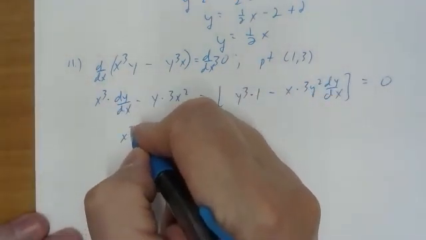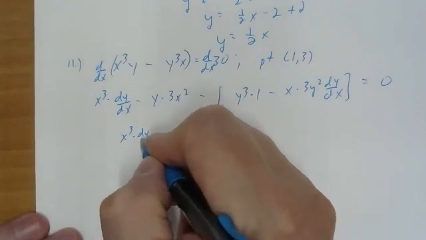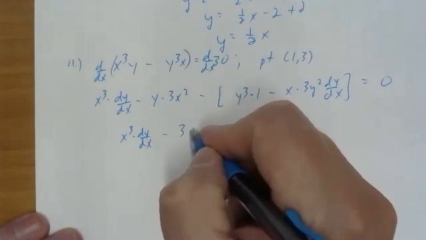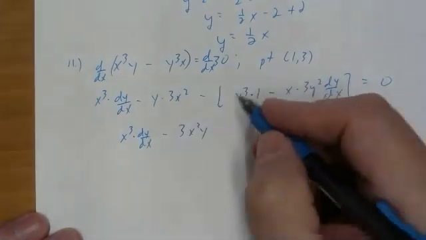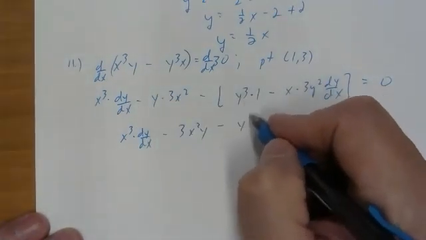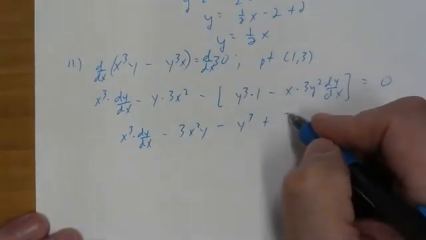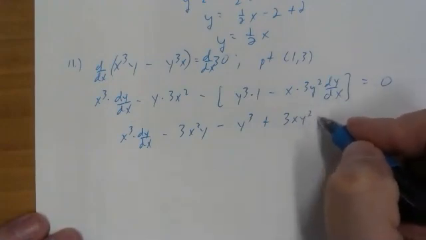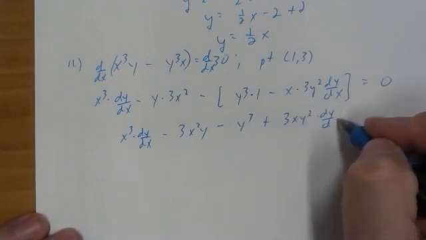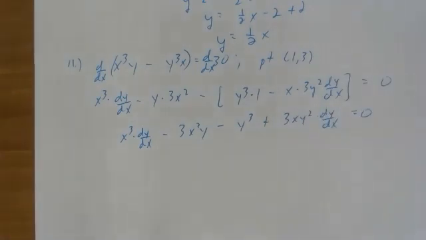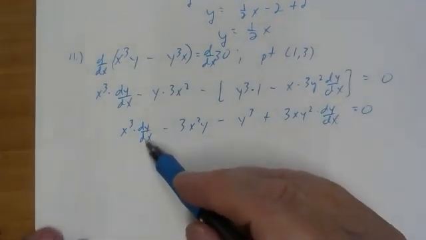So it's x cubed times dy/dx minus 3x squared y minus y cubed plus 3xy squared. So I'm going to factor the dy/dx.